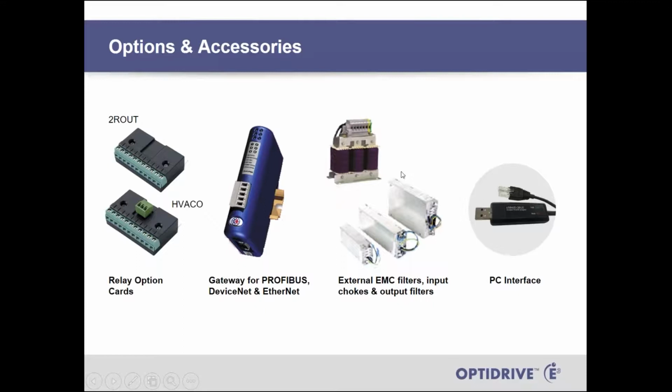You can protect your drive from the mains grid, and also protect the grid from your drive. And there is another PC interface. You can connect your PC through this converter.